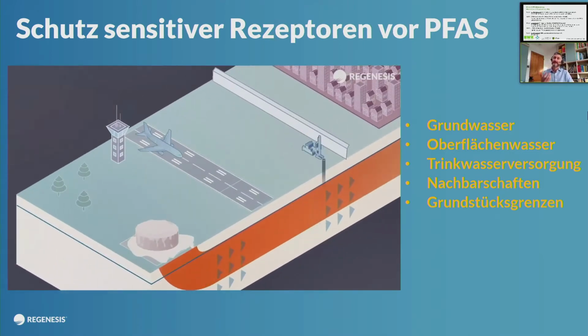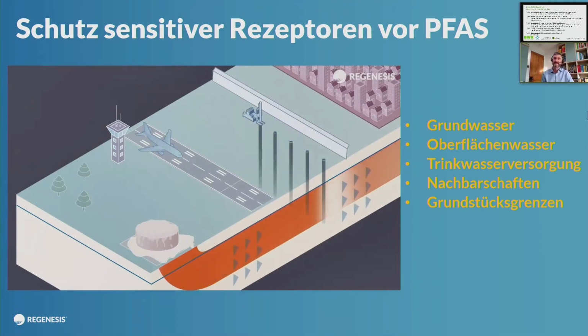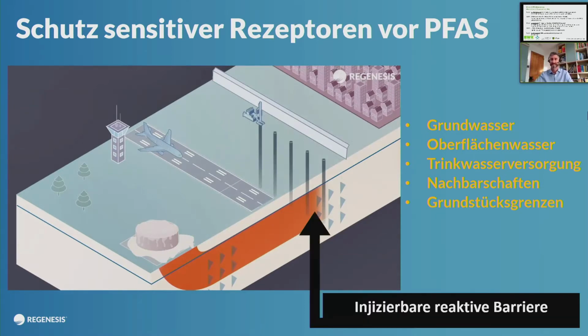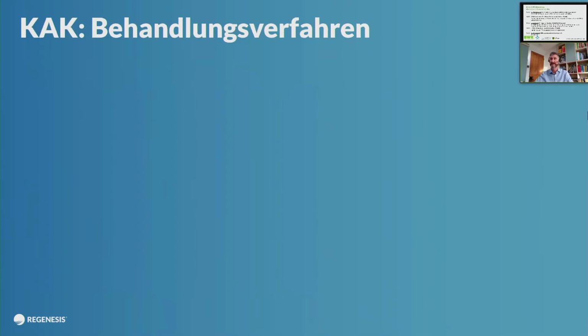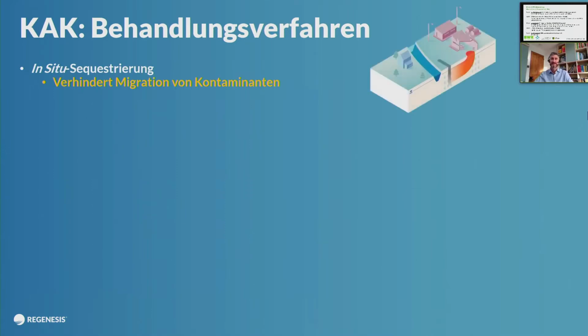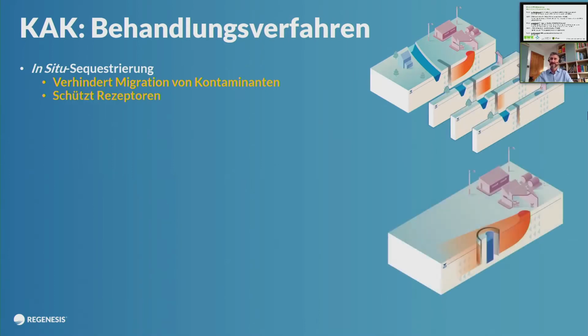So what we're looking at doing with this technology is creating a barrier, generally at the edge of the site, quite near to the source area, where we're basically cutting off the contamination from the receptor using an in situ barrier. The process is sorption; it's in situ sequestration, in situ retardation of the contamination. We're stopping that migration of the contamination through the subsurface.